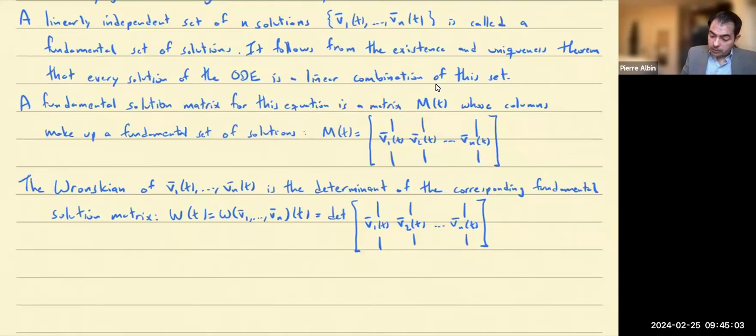From our linear algebra overview, we know that linear independence of these columns implies that the determinant is not equal to 0 and that the matrix is invertible.